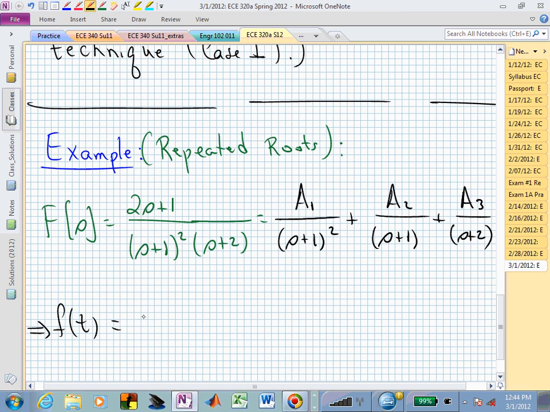In this case, we will have a1 t e to the minus t, where this 1 is right there. It's not explicitly shown, and the fact that we have this 2 is what's giving us this t.